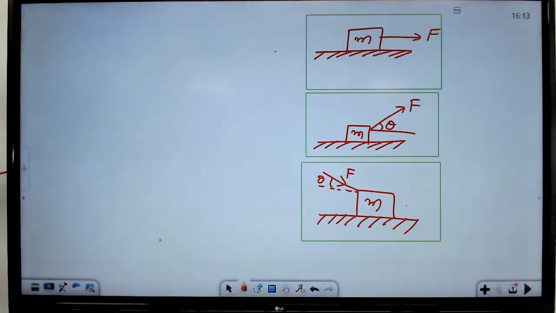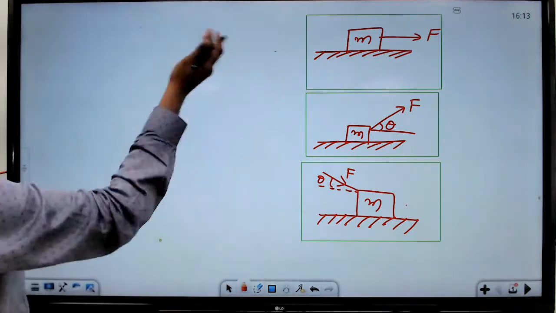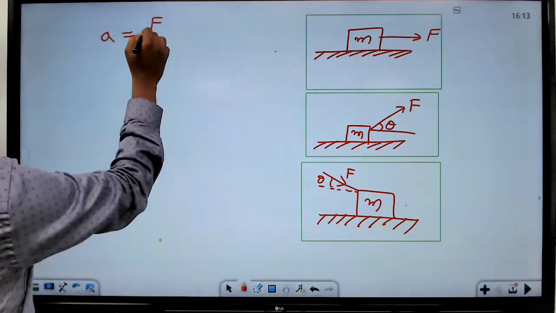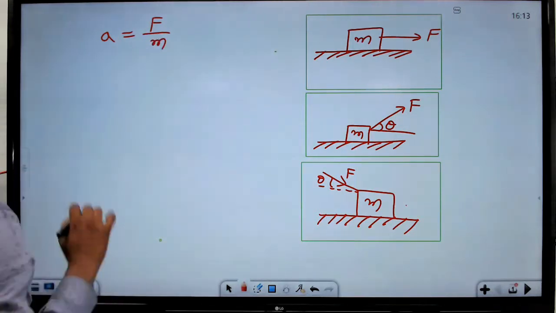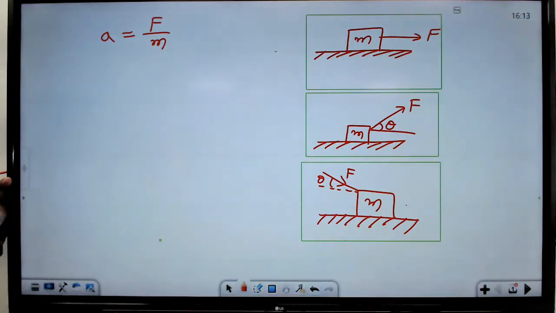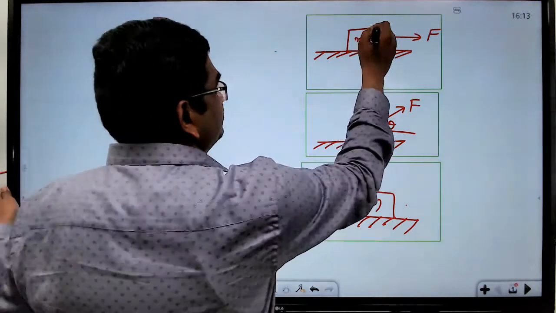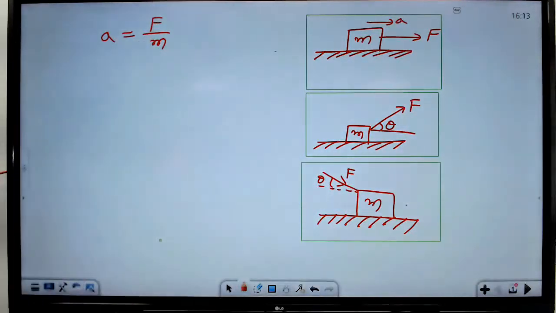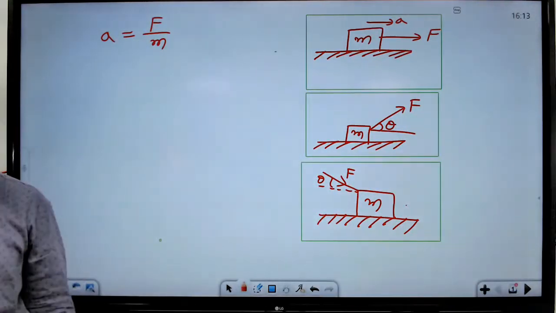If we can calculate F net, acceleration is obtained. Now, what is the net force there? Only one force acting on that one. Then acceleration is a equal to F net by M. F net is only F, so that is F by M. Next, what about the direction of acceleration? That is the same as the net force. Acceleration direction will be along the net force direction.